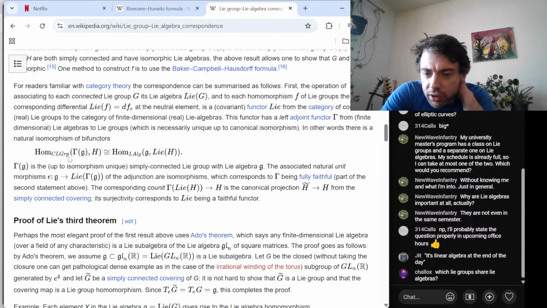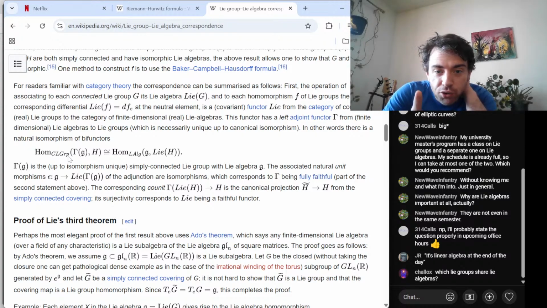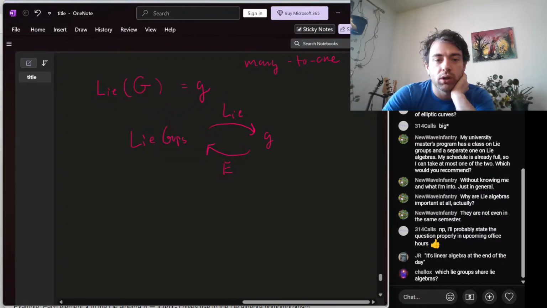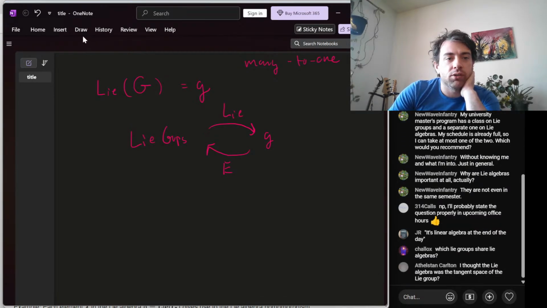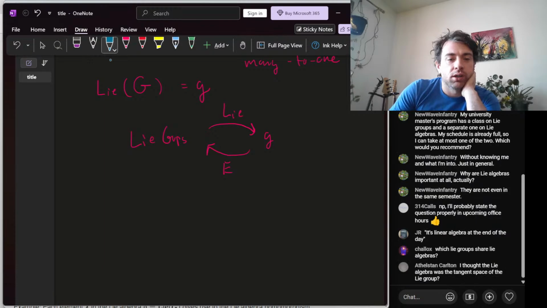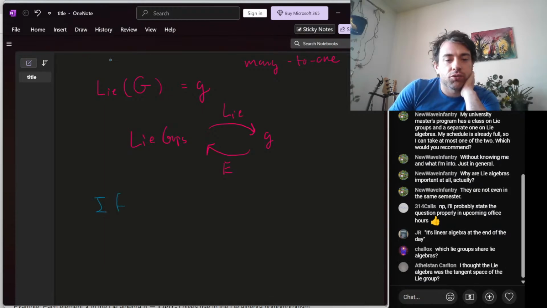Which Lie groups share Lie algebras? Great question. Let me touch on that a second. Basically, if there's a covering of Lie groups, then they share a Lie algebra. Let me, how do I say it?